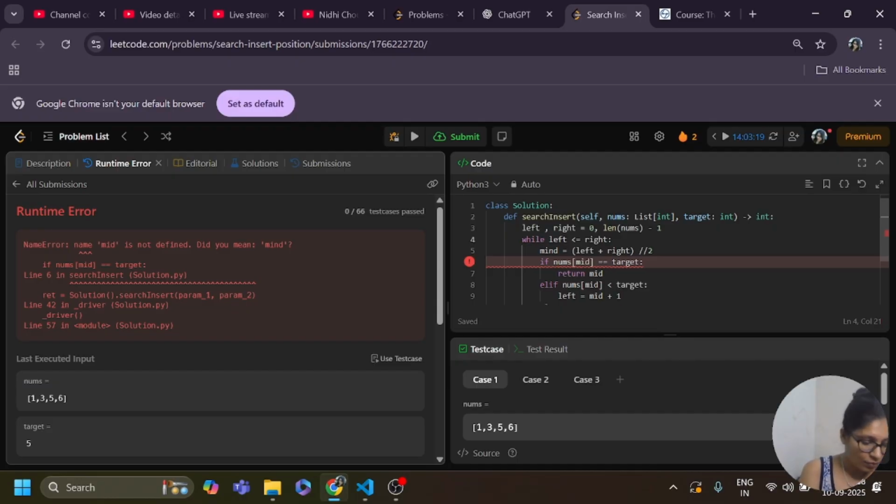If nums of mid equals target. Okay, so here, name mid is not defined.